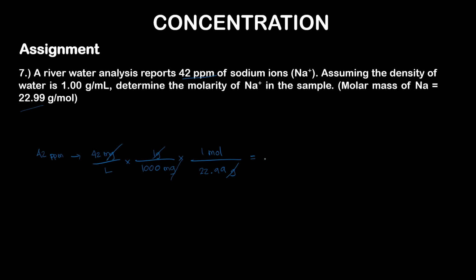So 42 times 1 over 1000 times 1 over 22.99. That is 1.83 times 10 to the negative 3 molar. Okay, pretty small value. Okay, next.